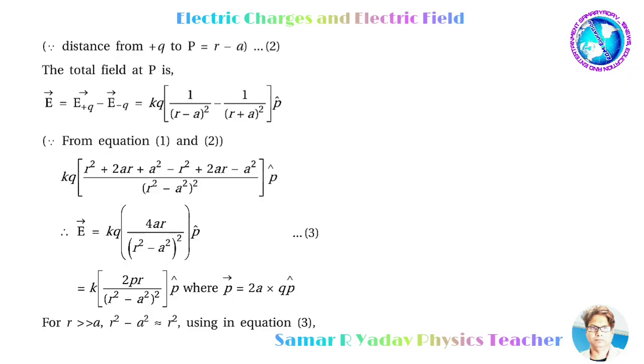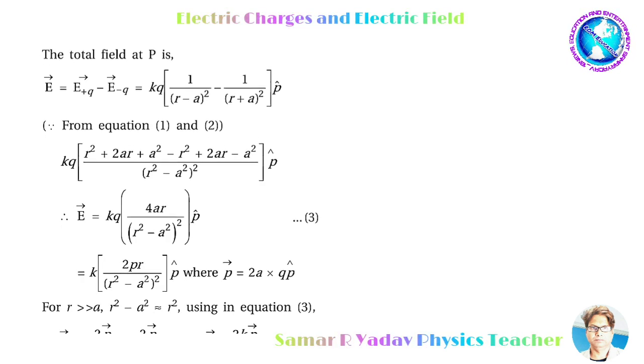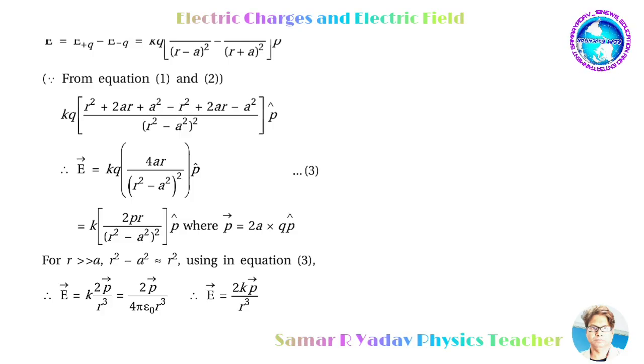So finally vector E is equal to kq times 4ar upon (r square minus a square) whole square into unit vector p, equation number 3, is equal to k times 2pr upon (r square minus a square) whole square into unit vector p, where vector p is equal to 2a times q unit vector p.